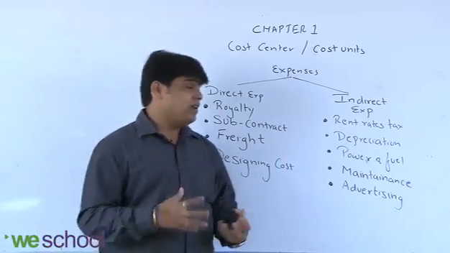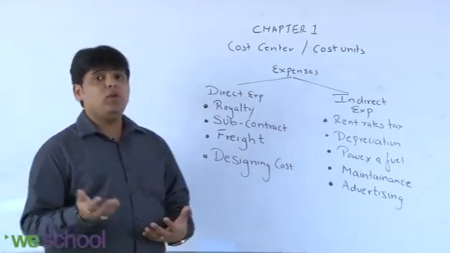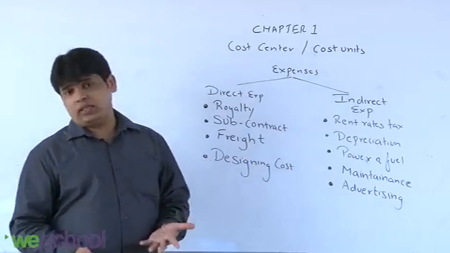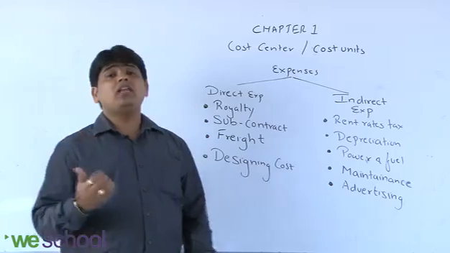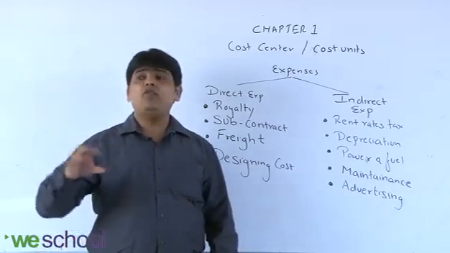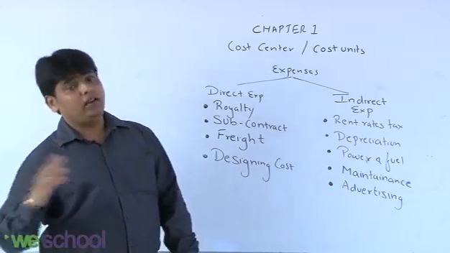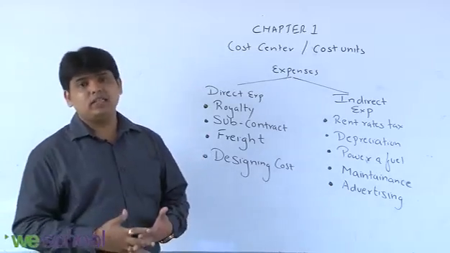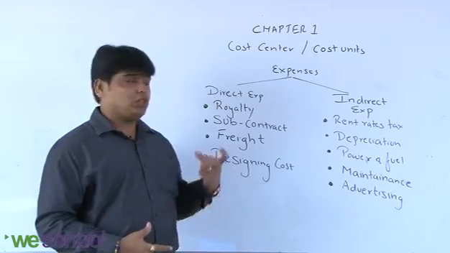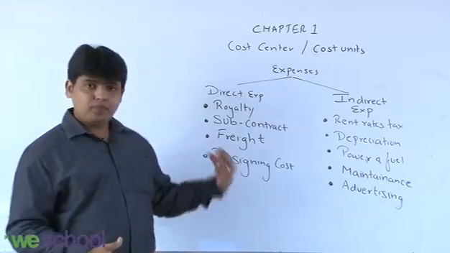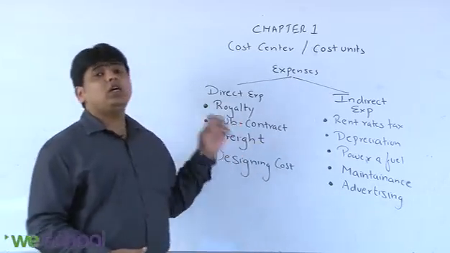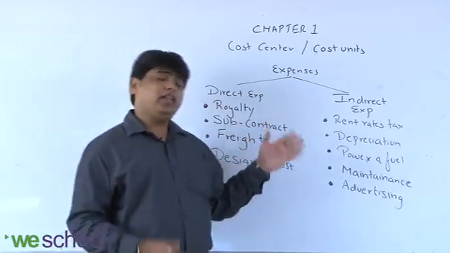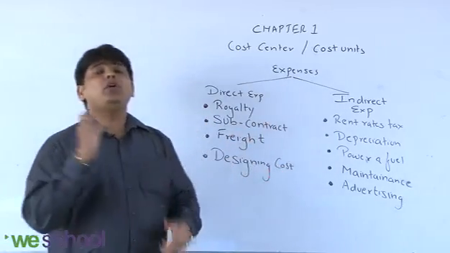Whereas indirect expenses, rent, rates and taxes, depreciation, can be wholly or directly charged to the product. Advertisement can be directly charged because that particular advertisement is done for that particular product. So it can be directly charged or wholly allocated to that particular department or cost center. So these two types of expenses, indirect or direct, can be directly charged to the product or particular cost center.